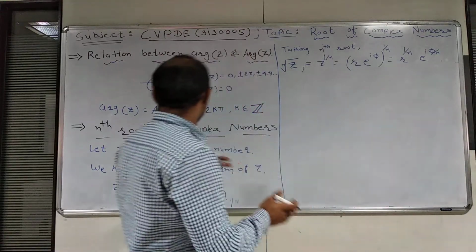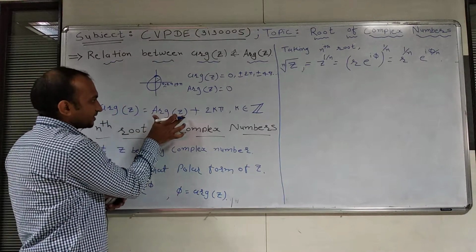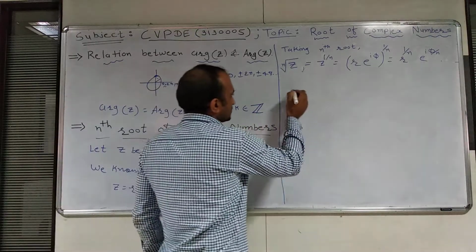Now, because we take phi as a simple argument, using the relation we can write this as a formula.